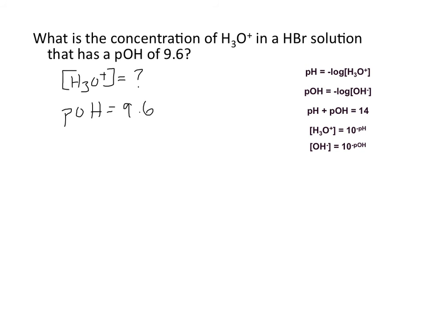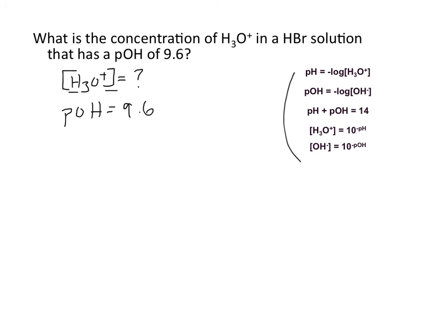Now, there's no equation here that allows us to go from pOH directly to H3O+, because pOH is related to OH-, while H3O+ is related to pH. So what we first need to do is get out of pOH and into pH, because pH and H3O+ are related. So we're going to utilize this equation here in order to figure out our H3O+ concentration.